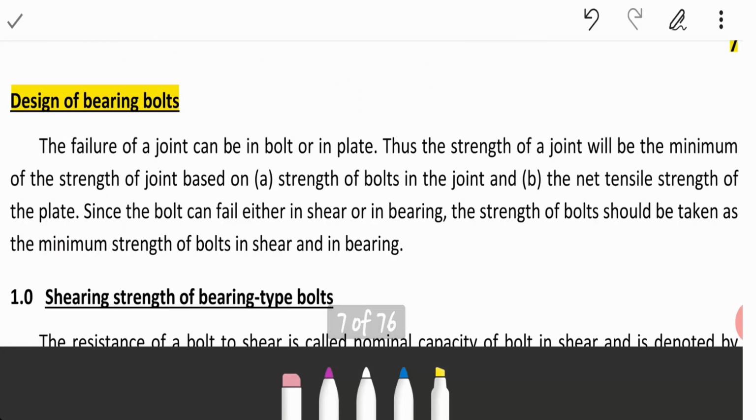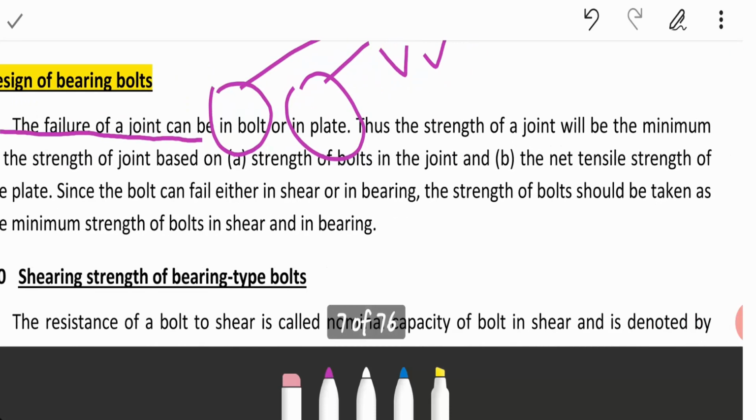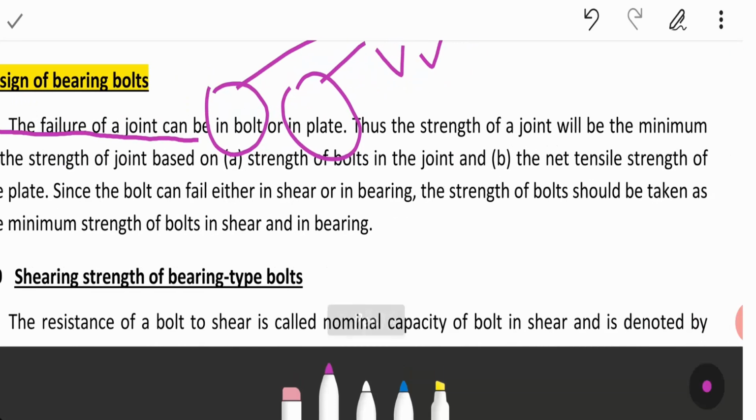Now, design of bearing bolts. The failure of a joint can be in the bolt or the plate. These two things are very important. The strength of a joint will be the minimum of the strength of the joint based on the strength of the bolt in a joint and the net tensile strength of the plate.